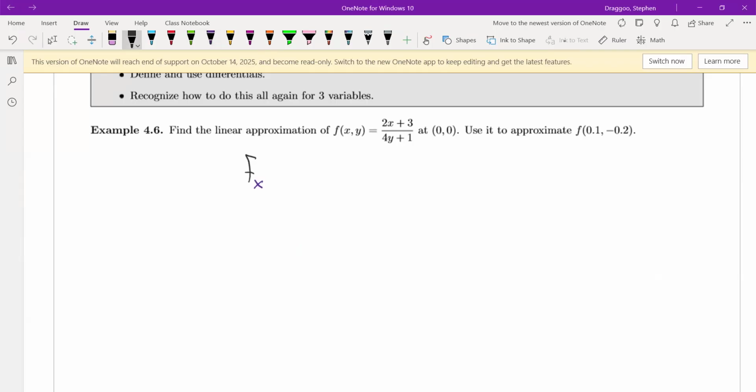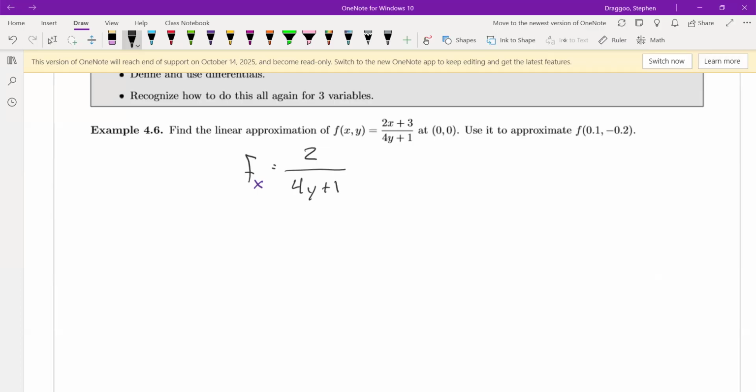A tangent plane is most closely related to the derivatives of our function. So I'll just shorthand this, call it f sub x. And that looks like it's going to be 2 over 4y plus 1. All right, if I'm taking a partial derivative with respect to x, x is the only variable I have to consider.